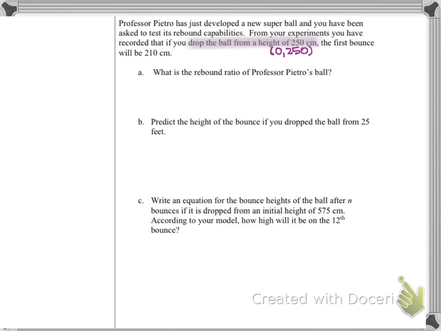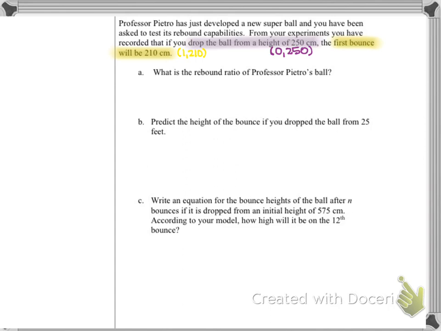Then let's see what happens next. The first bounce, so this is it coming back, will be 210. So I can write this as (1, 210).